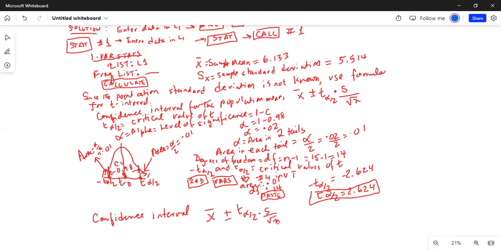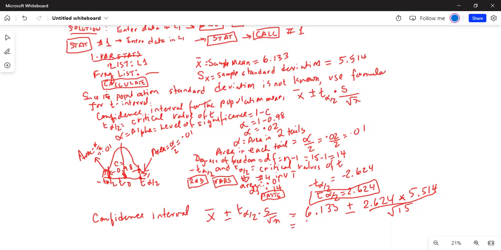So let's plug it in our formula. X bar is equal to 6.133, plus minus my T alpha by 2 is 2.624, multiplied by standard deviation 5.514, and divided by square root of sample size, which is 15. So let's calculate this.